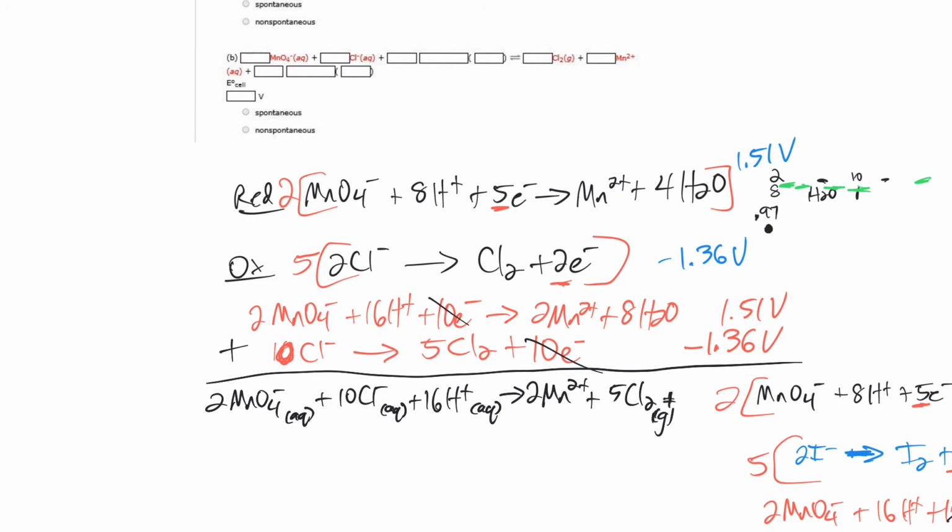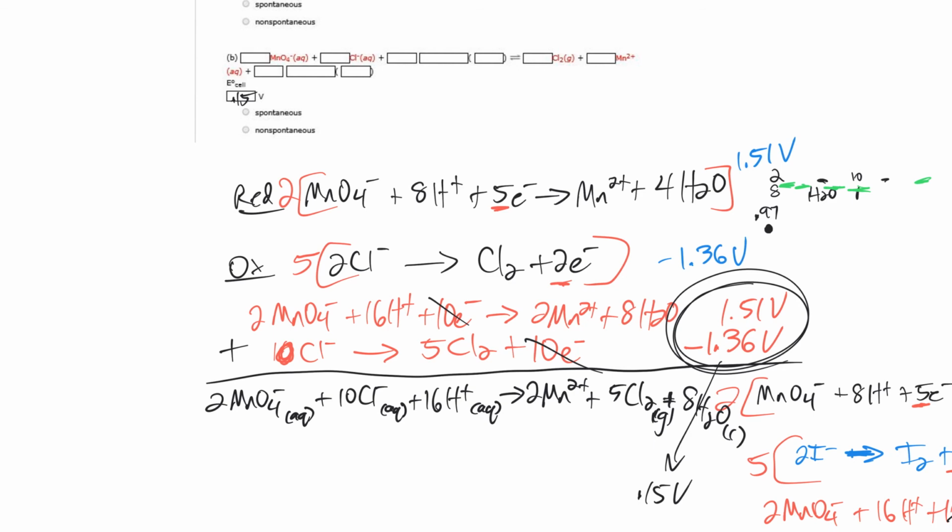Chlorine is a halogen, but the chlorine molecule exists under normal conditions in gaseous form. Okay, so we've got states of matter. We've got good coefficients. Let's add these together. Positive 1.51 minus 1.36. We get 0.15 volts.